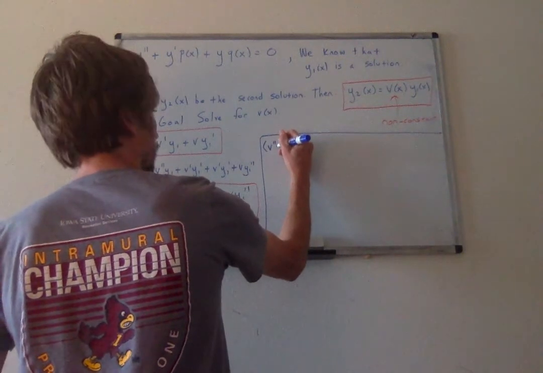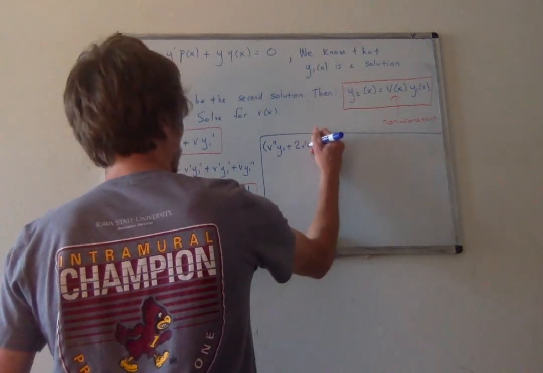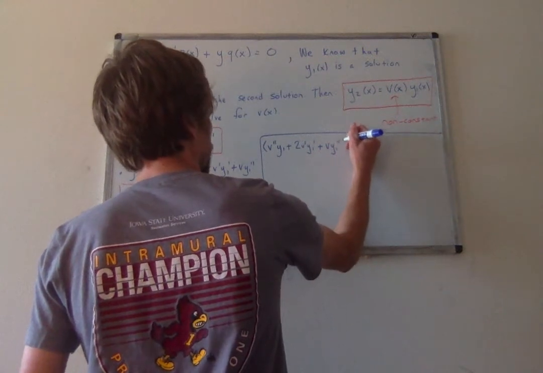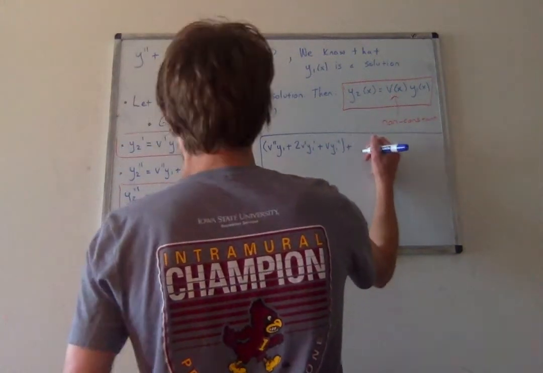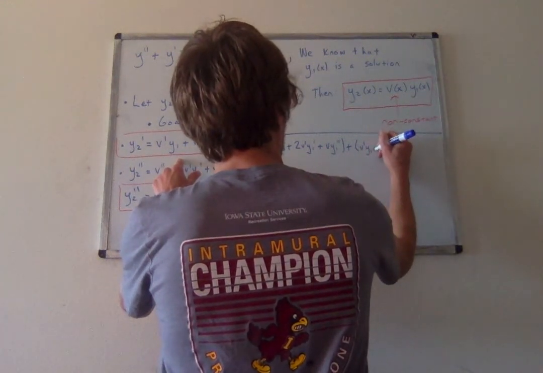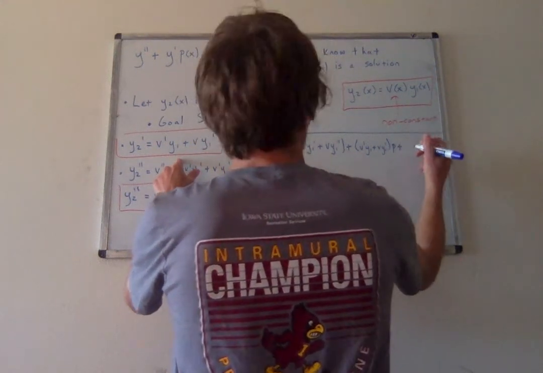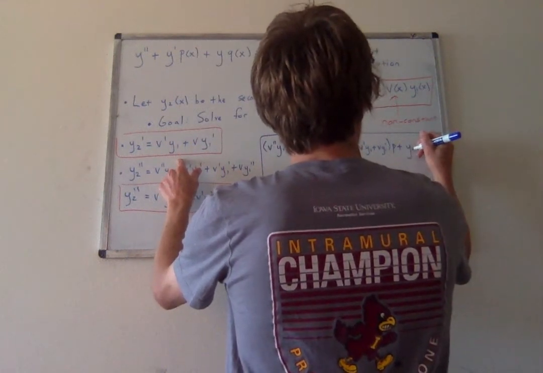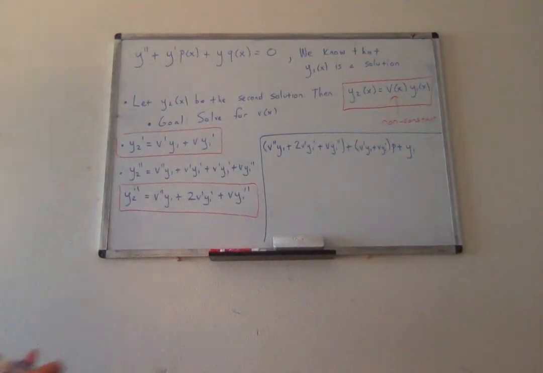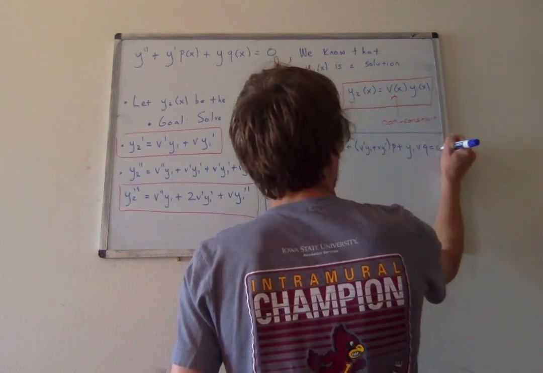v double prime times y1 plus 2v prime y1 prime plus v y1 double prime, plus v prime y1 plus v y1 prime times p, plus y1 times v times q is equal to 0.